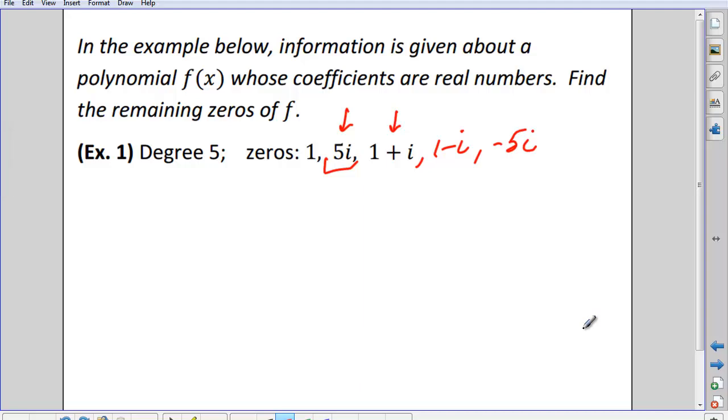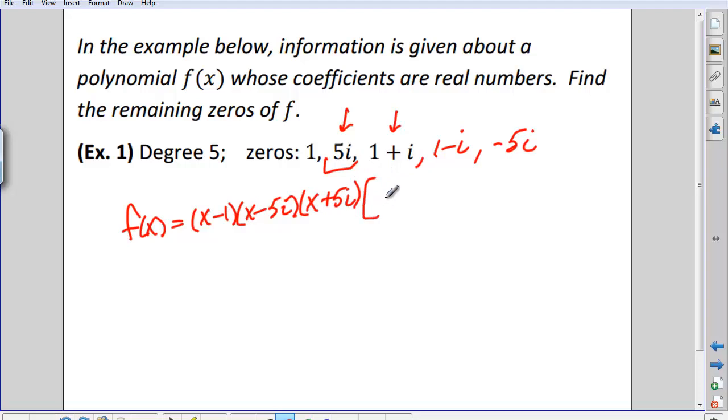Just as an addition, if we wanted to write out what that function would actually look like, which is not required for this problem, but you will have to do this eventually, so let's practice it a little bit here. If 1 is a zero, x minus 1 is a factor. If 5i is a zero, x minus 5i is a factor. Works just the same. If minus 5i is a zero, then x plus 5i is a factor. Where it gets tricky is if 1 plus i is a zero, then x minus (1 plus i) is a factor.